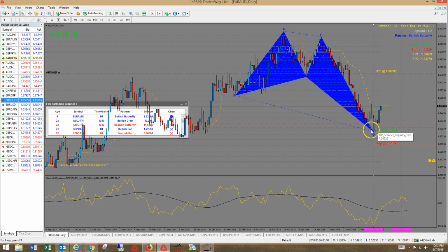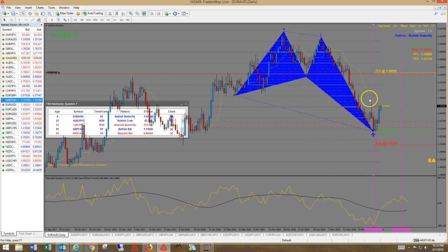So usually when I get that D point at these levels, I like to enter. I like that setup when that D point is at some type of major resistance or support. So I think it will go up and reach TP1.